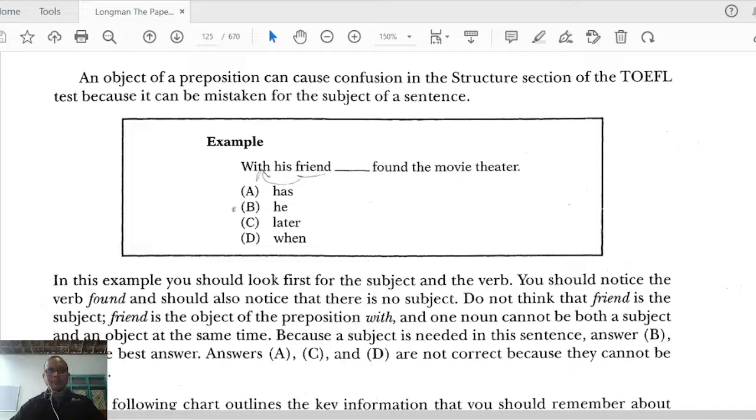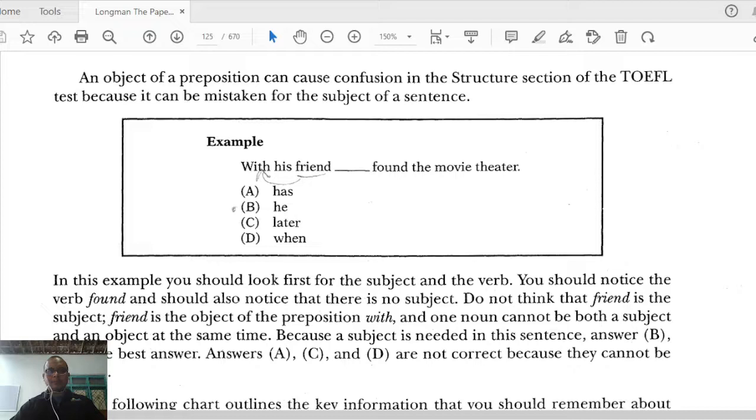If a word is an object of a preposition, it is not the subject. Note, a lengthy list of prepositions and practice in recognizing prepositions can be found in Appendix D. Oke, jadi ini nanti e-booknya akan saya berikan. You may want to complete this exercise before continuing with exercise 2.